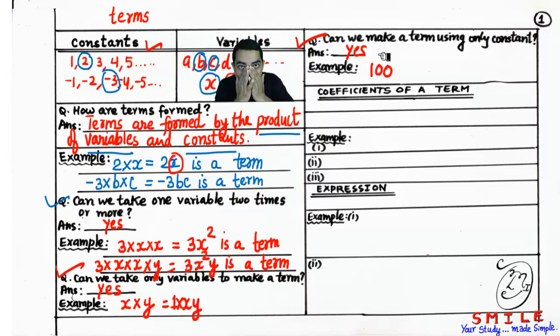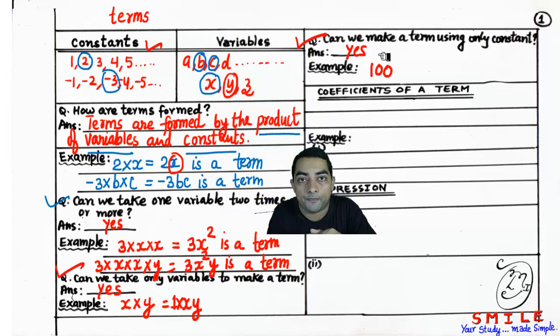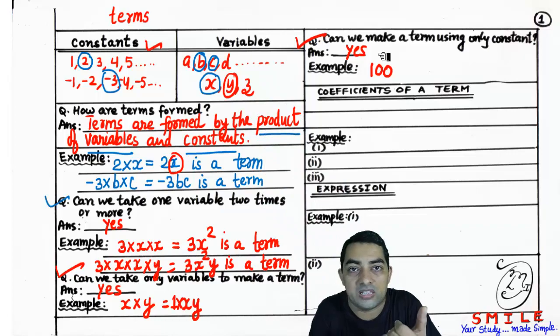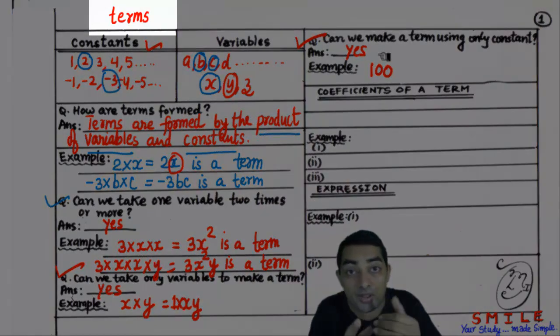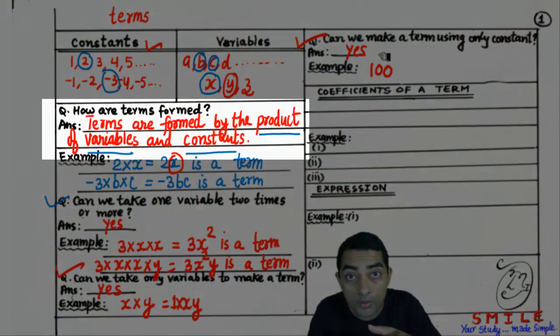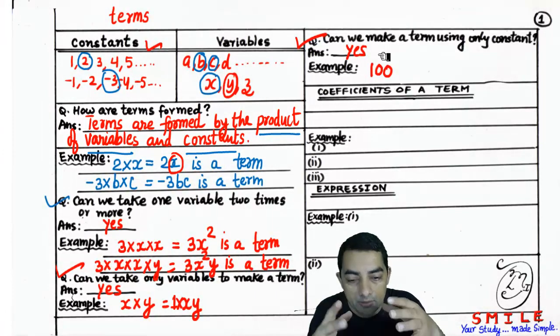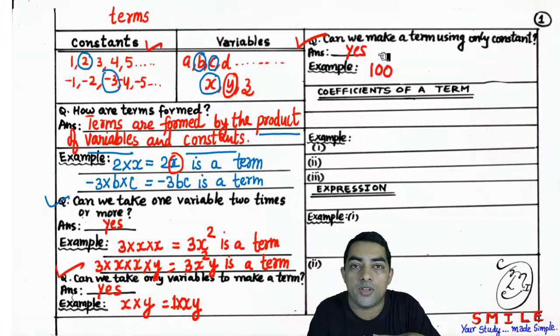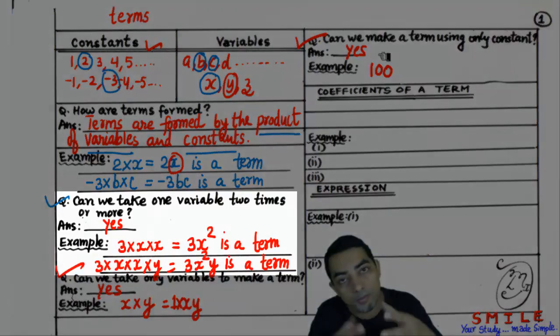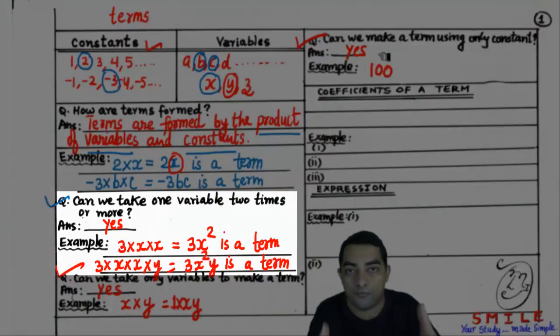So let me just sum up all that. The most important thing in algebraic expressions is understanding a term. How is a term formed? A term is formed by multiplying a constant with a variable, right? Then the question was asked, can we have one variable more than one time? Definitely, you can have it 2 times, 3 times, 4 times, right?